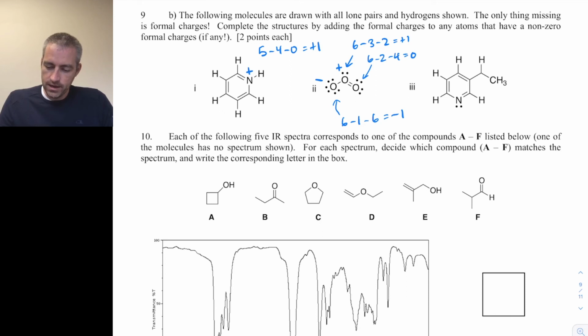Over on the right, you've got to be very careful with this one. We have to look at every single atom. If you look at the previous examples, the ones that we focused on were the heteroatoms, the non-carbon, non-hydrogen atoms. So if we look at that heteroatom, nitrogen, it has 5 valence electrons, minus 3 bonds, minus 2 is 0.